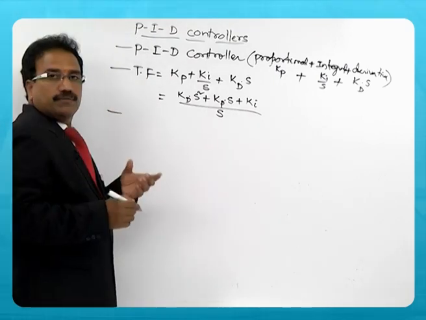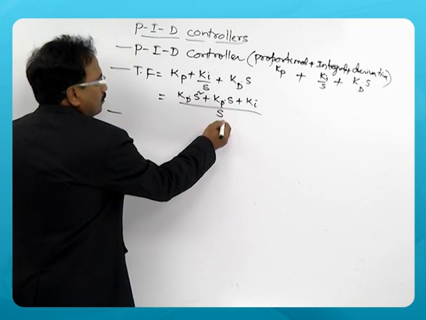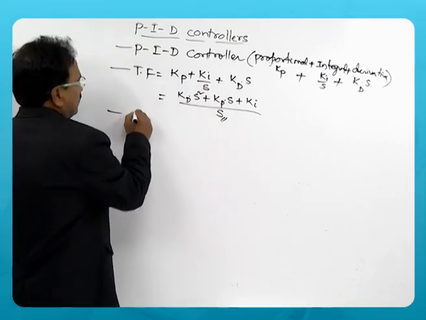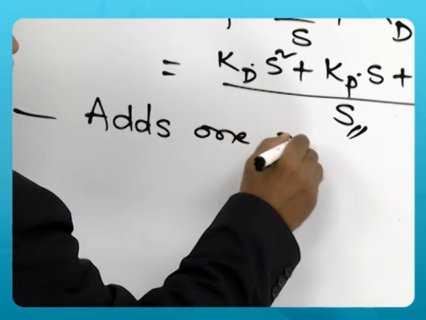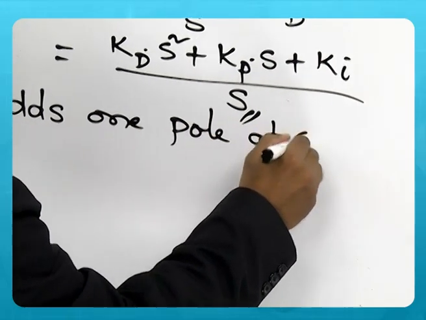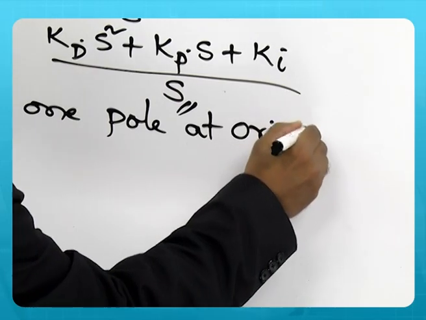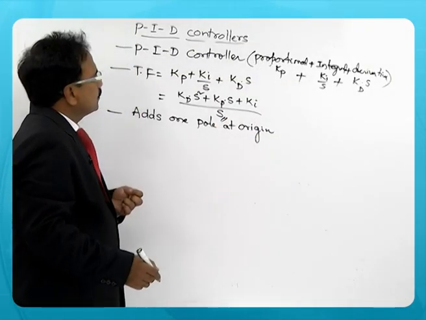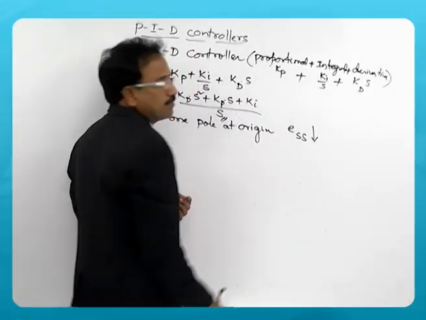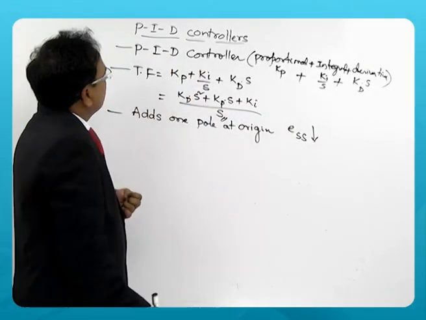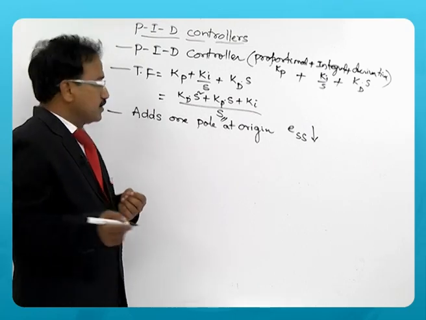So the effect of this controller, it adds one pole at origin. So as it is, the steady state error is decreased. Now there are two finite zeros.